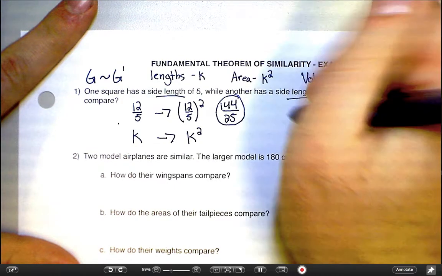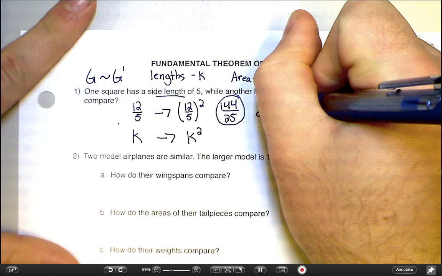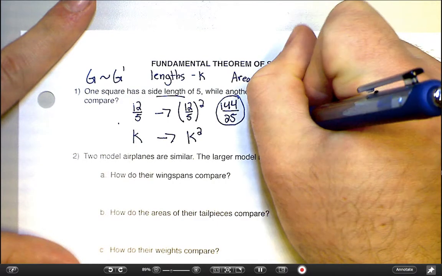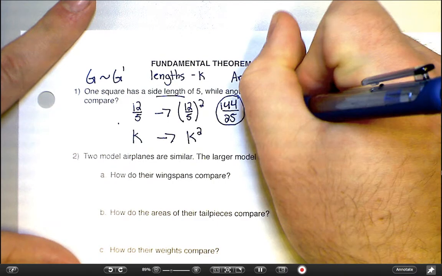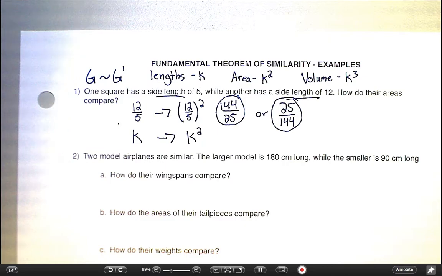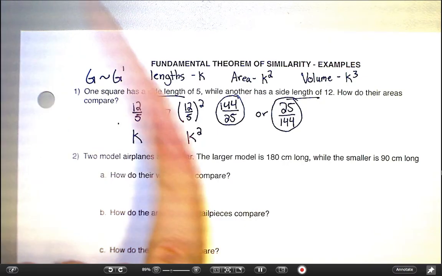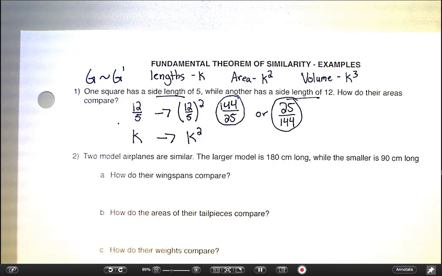The other one is going to be the same numbers, but the reciprocal of that original fraction, or just flipping that fraction. These are going to be how our two areas are compared. So one is going to be 144 over 25 bigger than the other, or 25 over 144 smaller. So those are our comparisons that we're going to use.